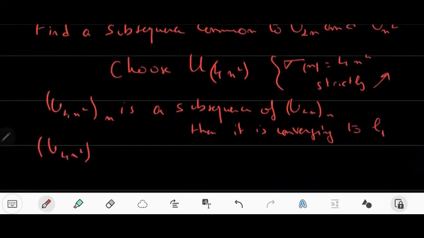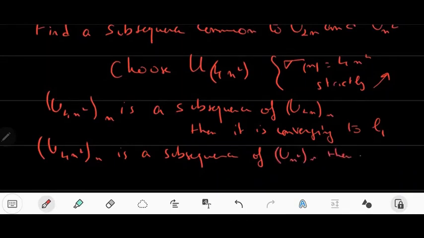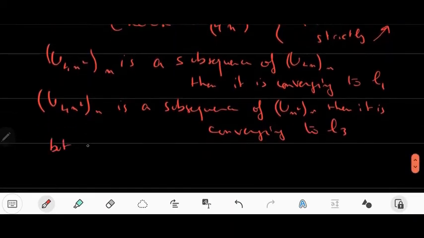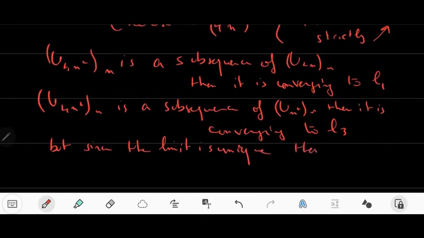And u_{4n²} is also a subsequence of u_{n²}, then it is converging to L3. But since the limit is unique, then L1 is equal to L3.